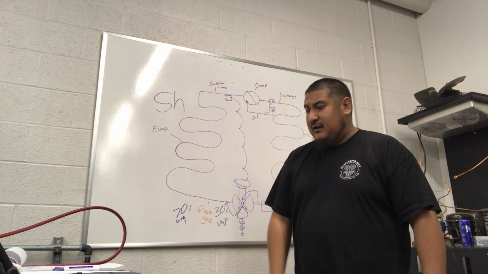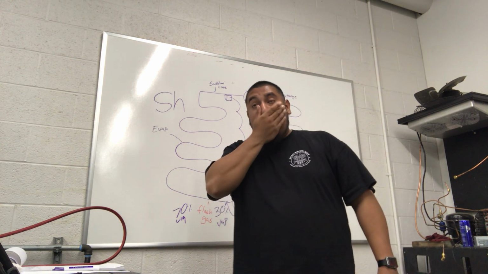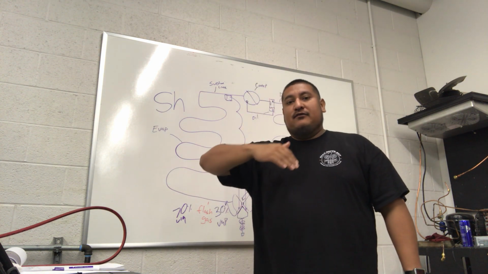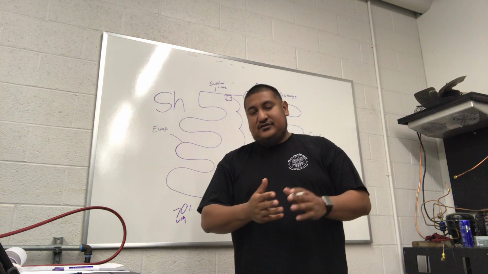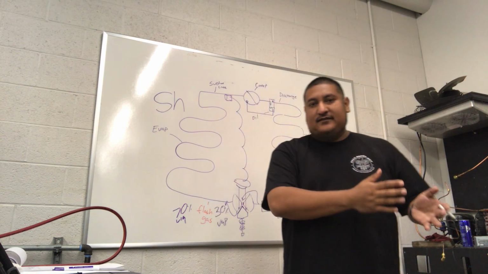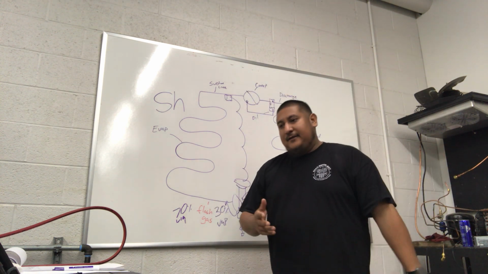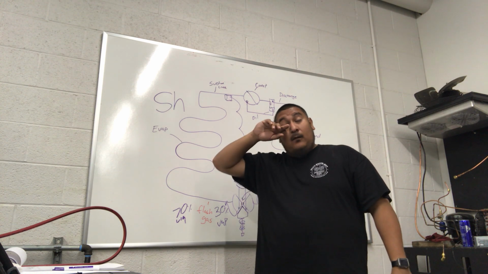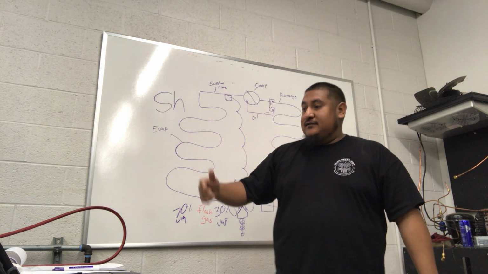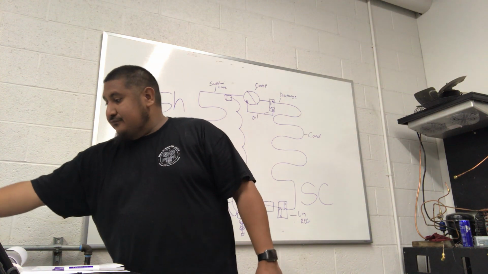So I forgot to get my PT chart out. But let's just say a refrigerant, R22, which is getting extinct here in 10 years, right? Actually, you know what? I got a gauge right here.